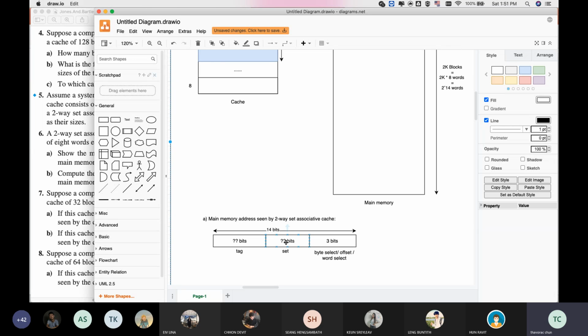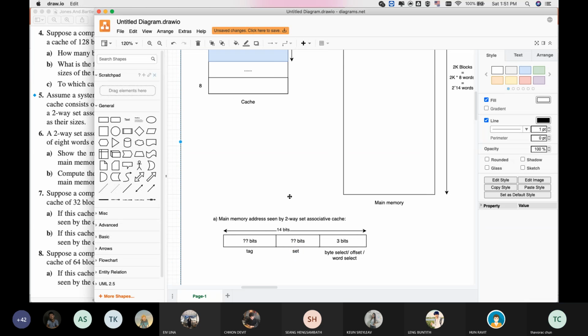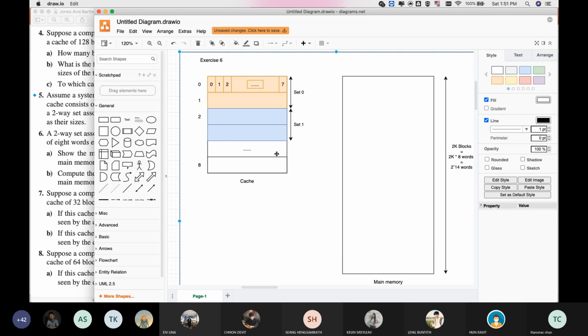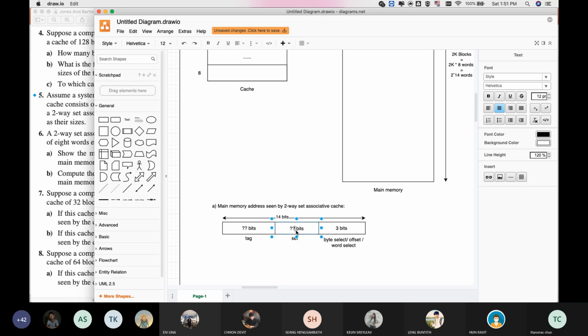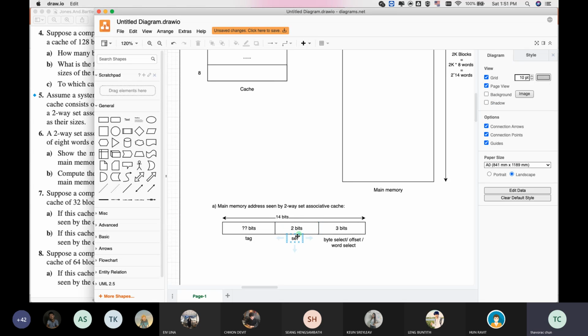And then here is the number of bits to identify the set. How many sets do we have now? We have 4 sets, right? So we need 2 bits to identify each set.